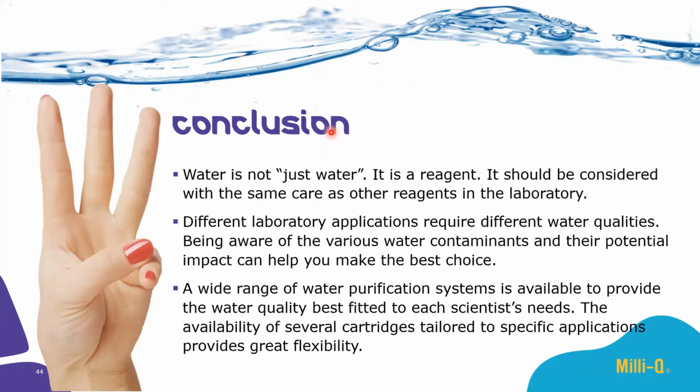And also we've looked at how you can adapt your ultrapure water and purified water to your application. So a wide range of water purification systems, like we have seen, are available to provide the water quality best fitted to each scientist's need. The availability of several cartridges tailored to specific applications provides great flexibility, as you just saw in the previous slide.